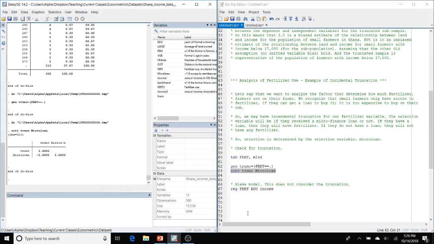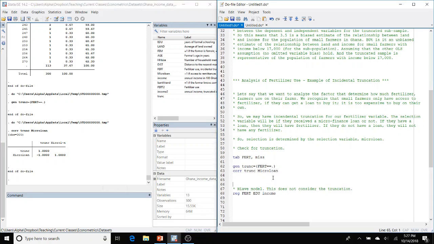So that means that when the truncation variable equals 1, the microloan variable equals 0. All right, so that confirms my theory. The truncation is being determined by the variable microloan. They use fertilizer when they have a microloan. They don't have access to fertilizer at all if they do not have a loan.